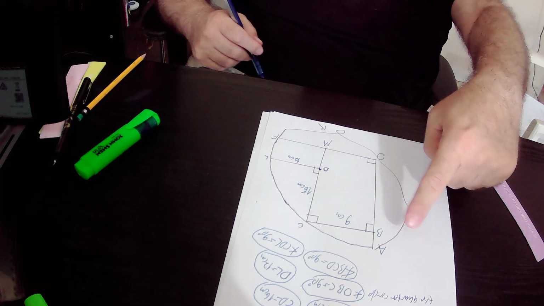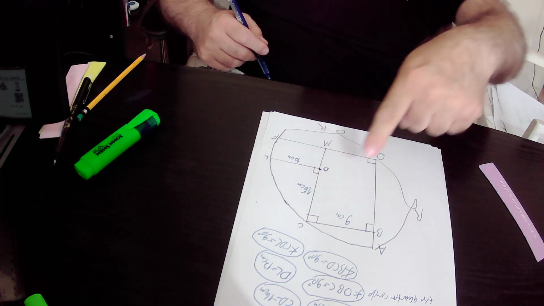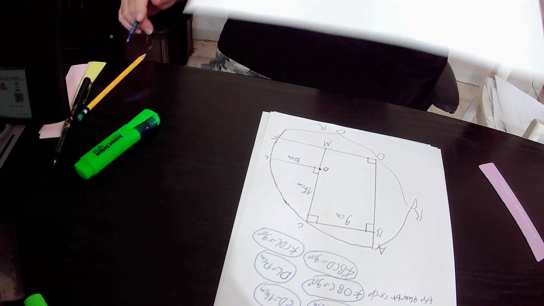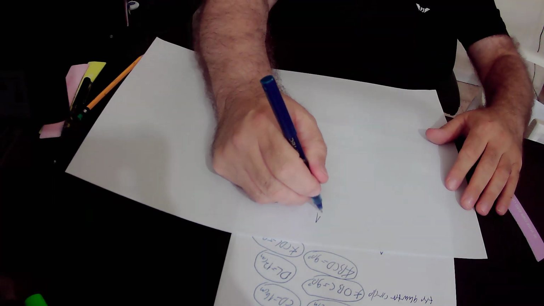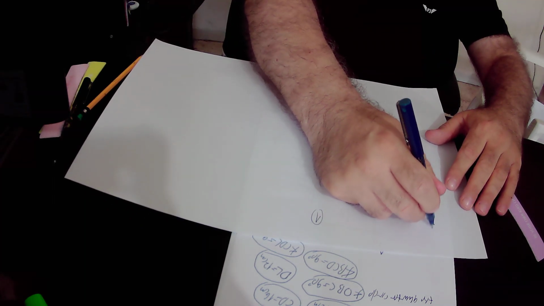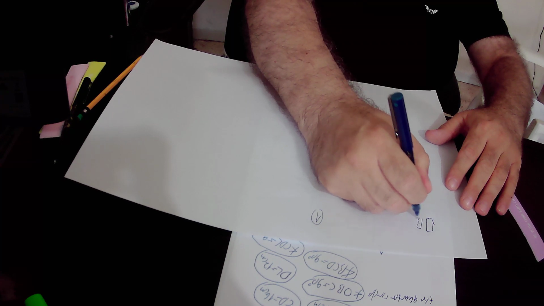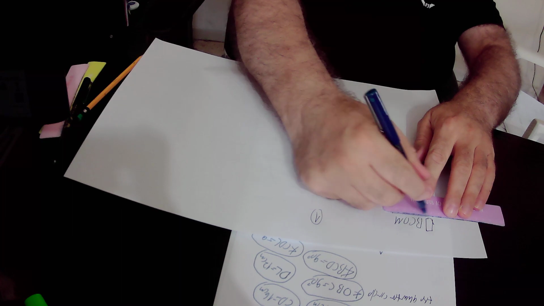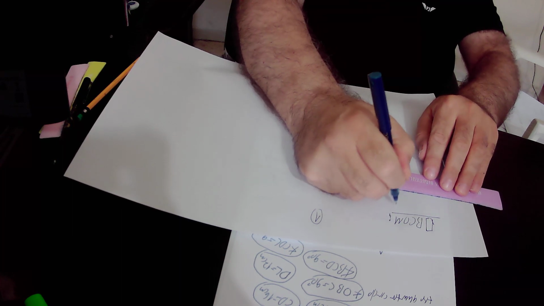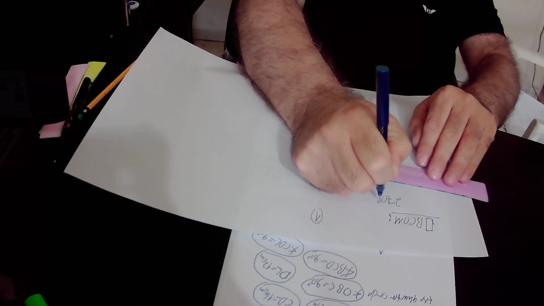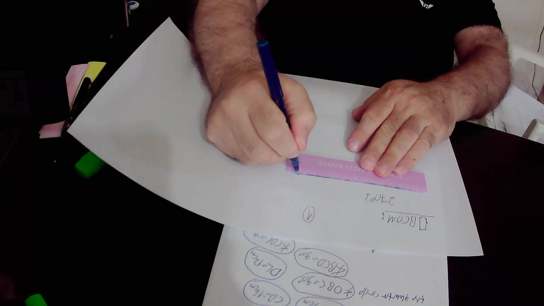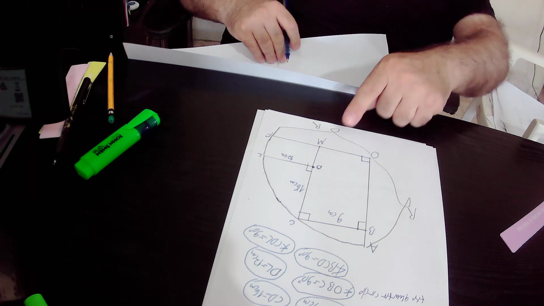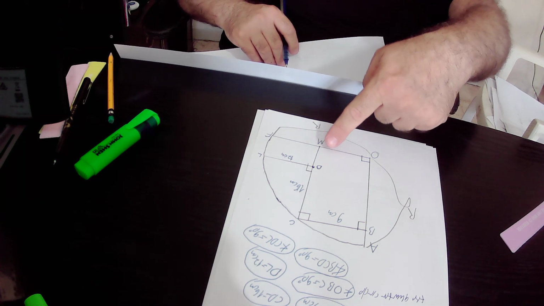Inside quadrilateral BCOM, we have 1, 2, 3 right angles. So write it down. Inside quadrilateral BCOM, we have 3 right angles, and the sum of 3 right angles is 90 times 3, which is 270 degrees, plus the size of the fourth angle, that is actually this angle, angle DMO.